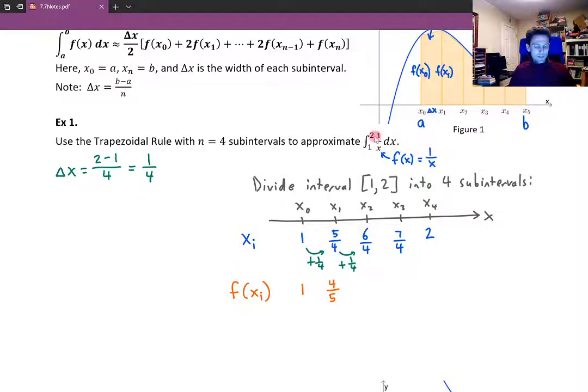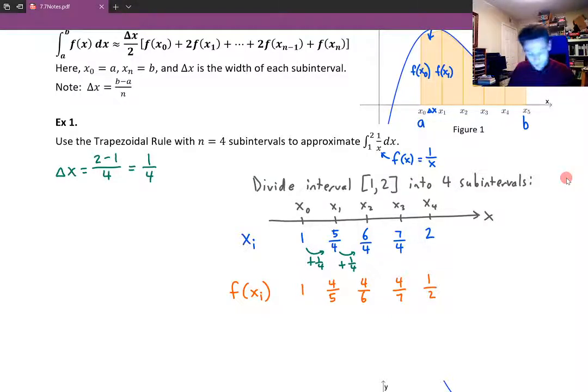Now again, it depends on what the function is. That we happen to have 1 over x, which happens to flip these fractions. But if you had x squared, you'd be squaring each of these x values. So it all depends on what function is inside here. For the next one, 1 over 6/4 will be 4/6, and then 1 over 7/4 will be 4/7. And then lastly, 1 over 2 is 1 over 2.